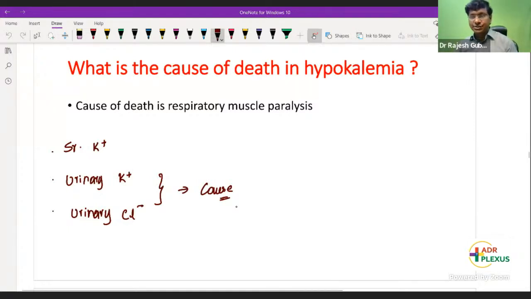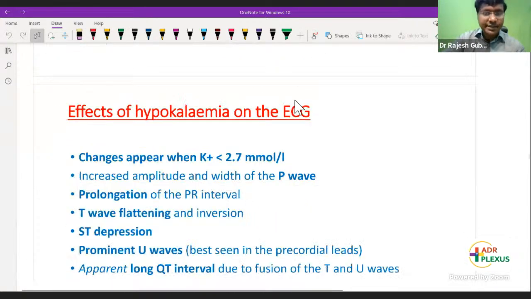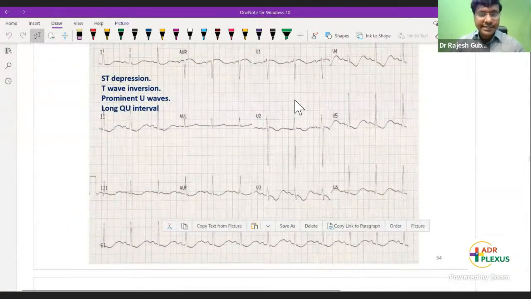Earliest ECG change, flat T wave, okay. Any other wave that will appear apart from the flat T wave? So the other abnormality you should be able to make out is the appearance of the U wave.